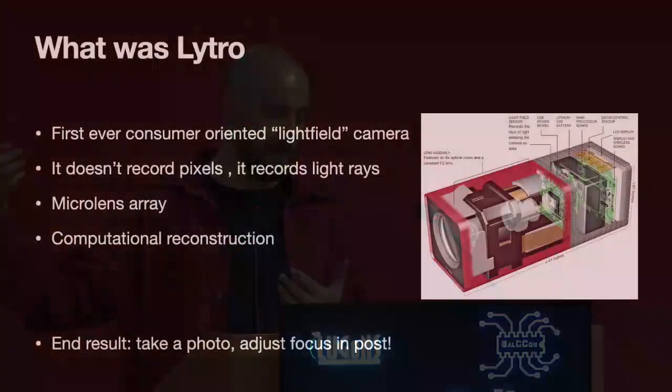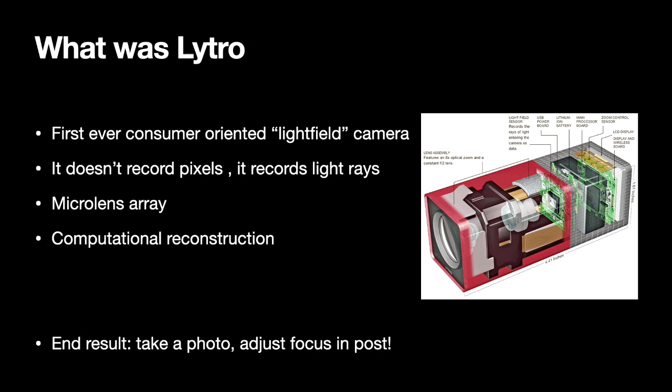What the hell is Lytro, and why is it a special camera? It's a light field camera. It doesn't record pixels, it records light rays, which is a relatively simple idea when it comes down to it.